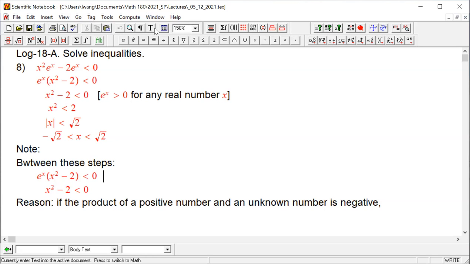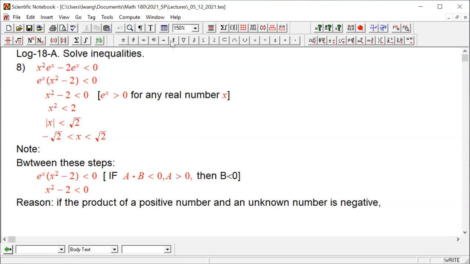So in this case, what we know is that A times B is negative, and we also know A is positive. Then what can we say about B? Then B must be negative, right?